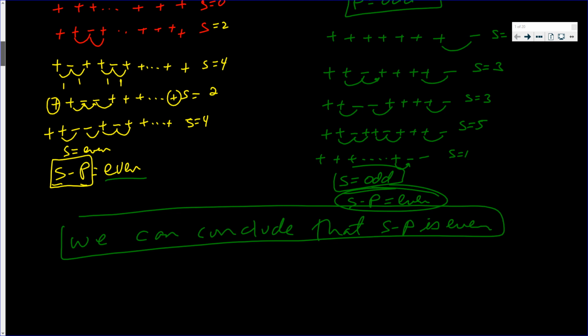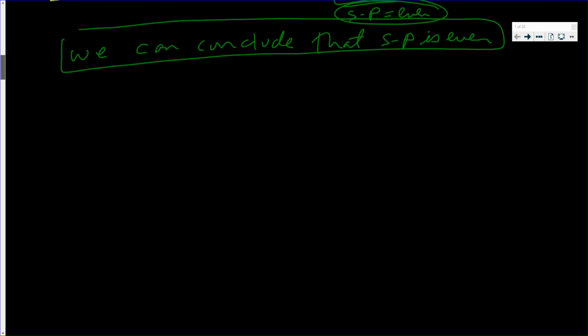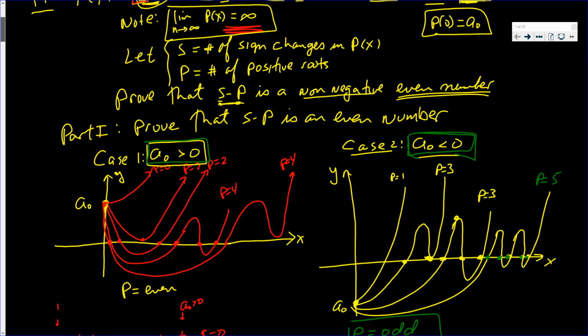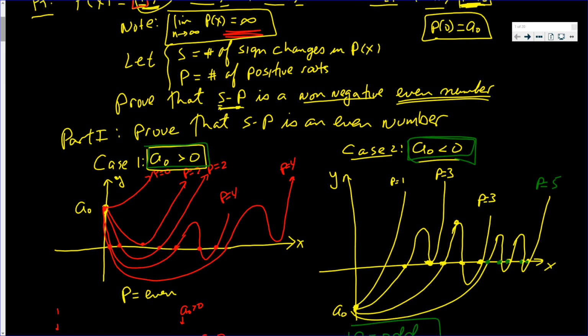Okay, so now let's look at part 2. Part 2 is where I want to show that S minus P is at least 0, not negative. Show or prove that S minus P is at least 0. Remember, to prove this theorem, we need to prove this.